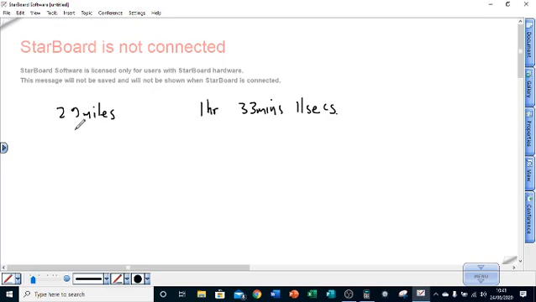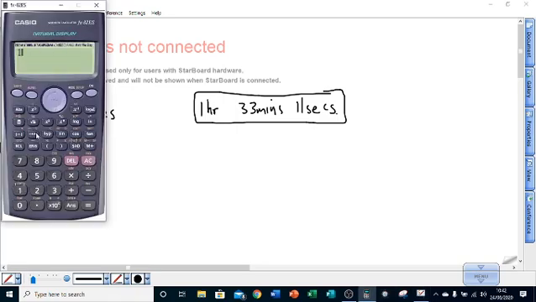So the average speed for the entire trip is your total distance of the trip, including stops and all that, but I didn't stop, divided by the total time it's taken to get from beginning to end. So first of all, you need to convert this into a decimal equivalent of hours. That's where you get this button. You do 1 DMS, 33 DMS, 11 seconds DMS. Press equals, SD it.